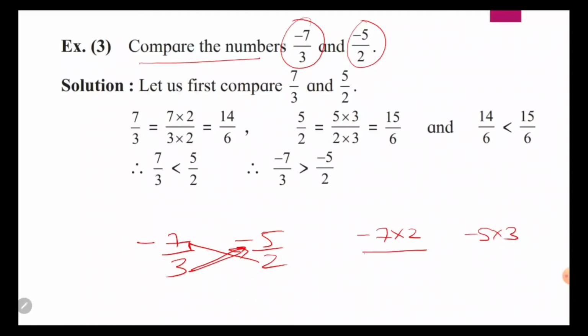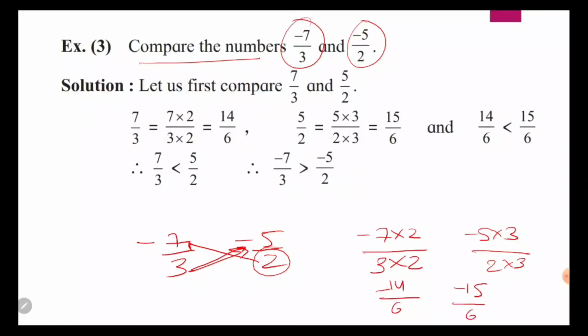Okay, so there is a rule कि अगर हम न्यूमरेटर को किसी नंबर से मल्टीप्लाई कर रहे हैं, then it is compulsory that you multiply the denominator also with it. Okay, so 3 will also be multiplied by 2 and here 2 will also be multiplied by 3. So we can see that this will become -14 and this will become 6. This will become -15 and this will become 6.